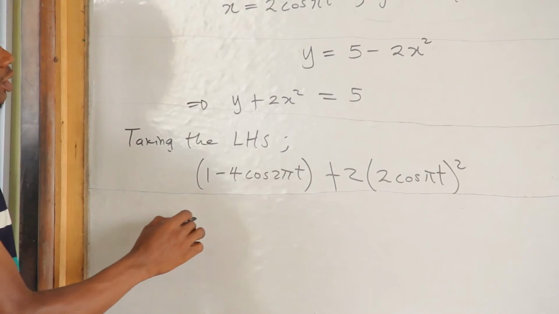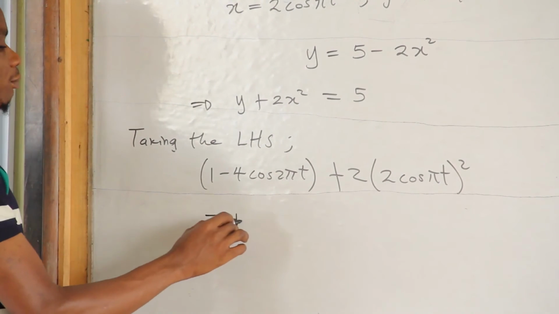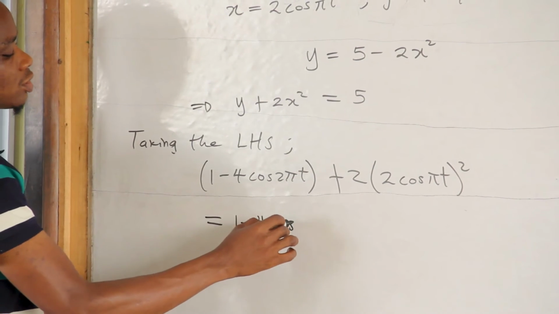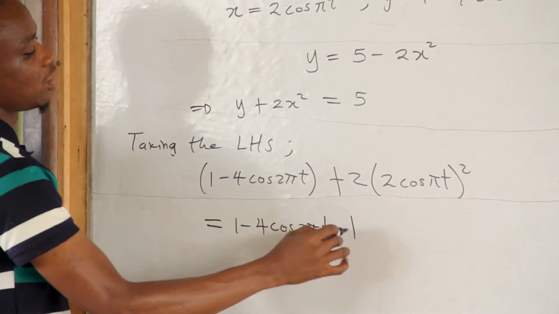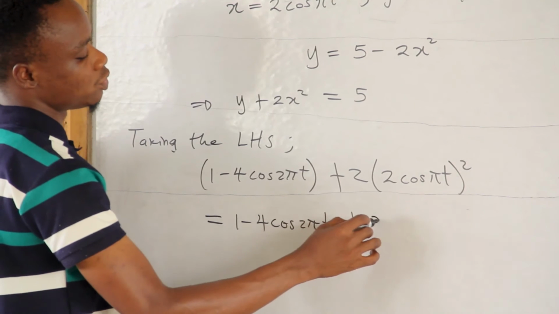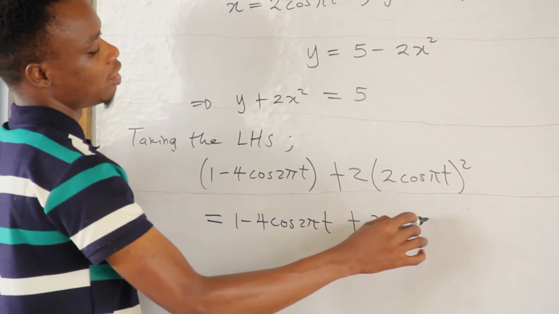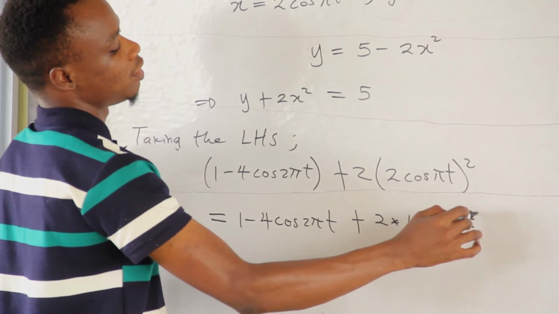What does this give us? This is going to give us 1 minus 4 cos 2 pi t plus 2 multiplied by 4 cos squared pi t.